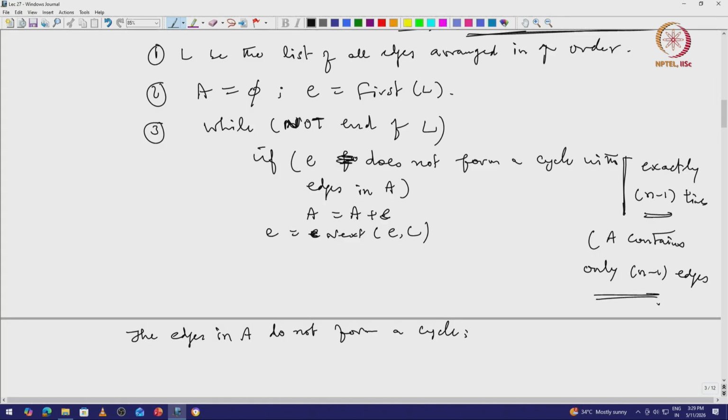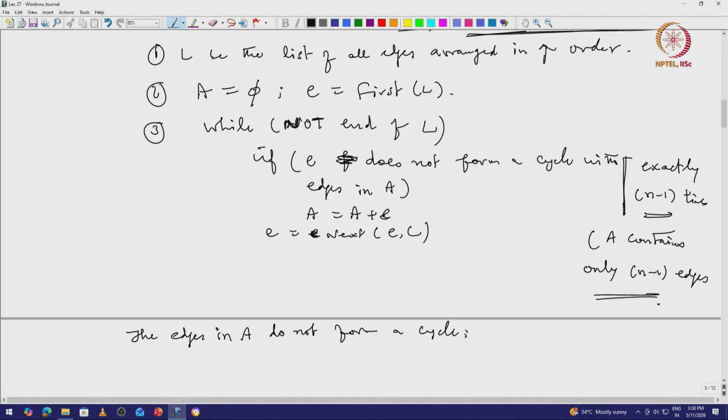When the algorithm terminates, that is because you are including edges in A only n minus 1 times. There are a lot of edges, there may be millions of edges, but most of them will be ignored. The ones that you retain, you include E in A. They form a spanning tree, they form a minimum spanning tree. The edges in A do not form a cycle.